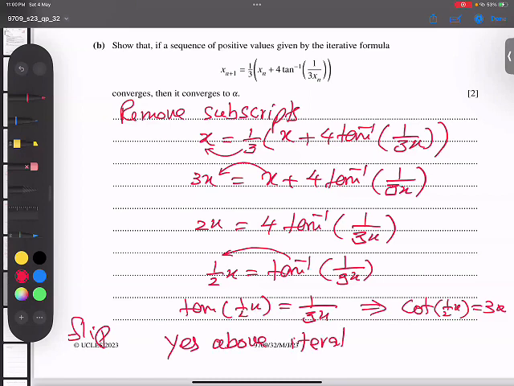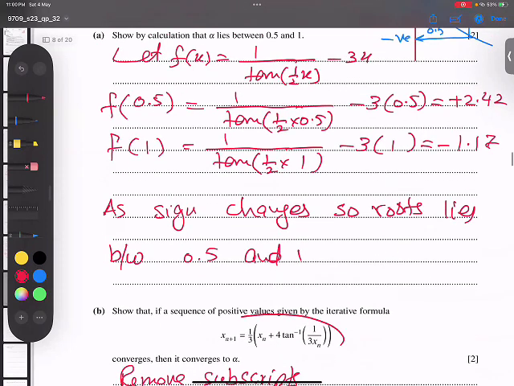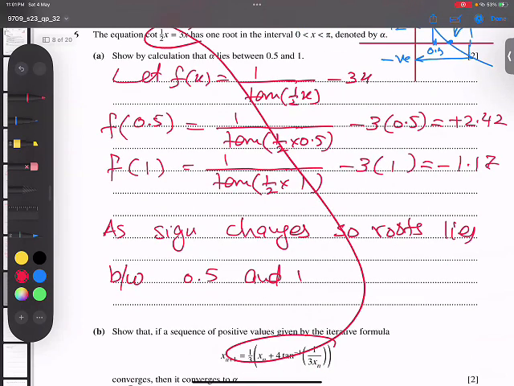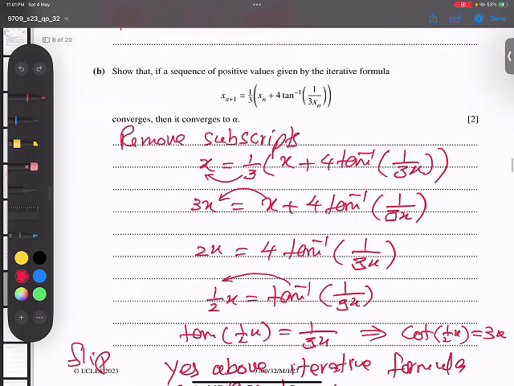Yes, the above iterative formula converges to alpha. It means this short story, this formula and the above formula, have the same answers. In short, they have the same answers, only the shape changed.